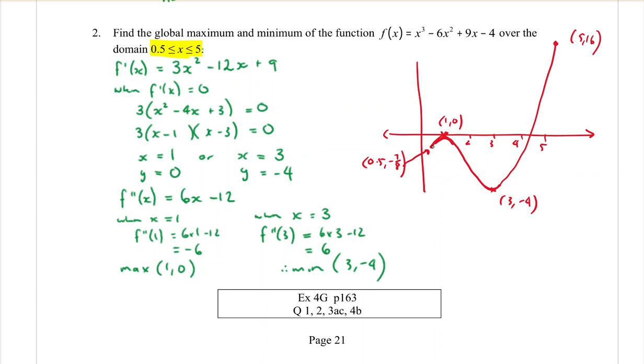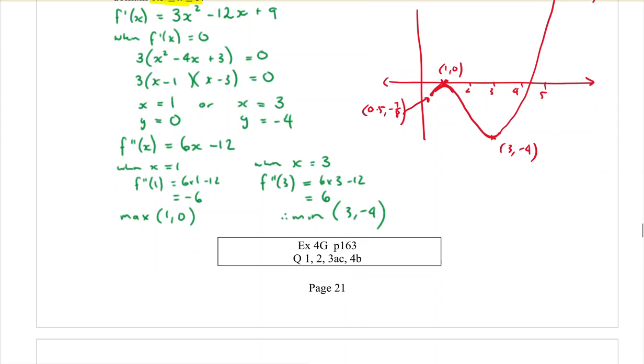So my global minimum is going to come from here, which will be the negative 4. Okay, so let's just write that down. So we're going to have a global max is 16 and the global minimum is minus 4. And that's it.